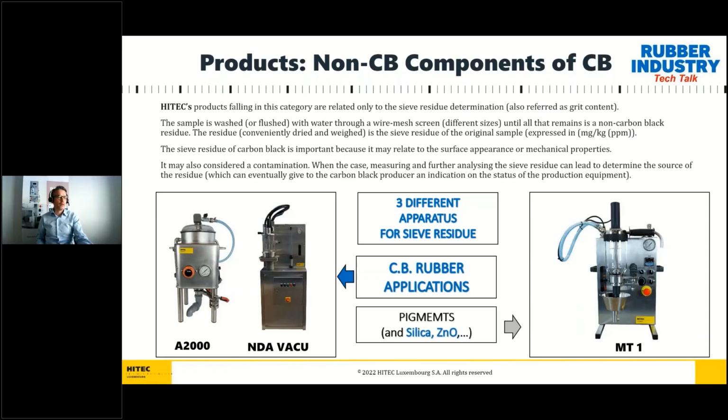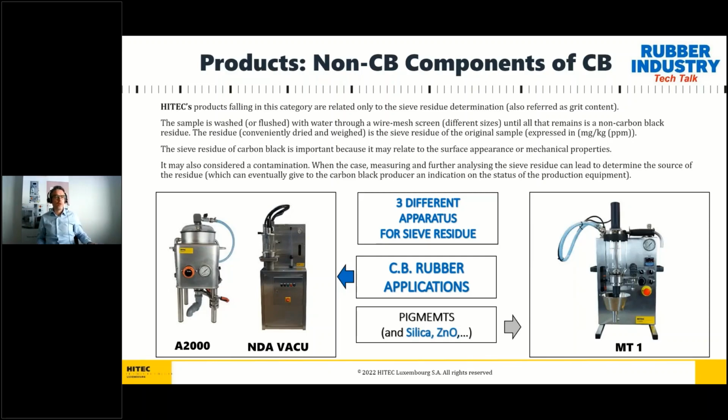You see here I put them in two categories. We have three different apparatus for sieve residue. Two apparatus are for carbon black in rubber application. The commercial names of these two apparatus are A2000 and the NDA vacuum.